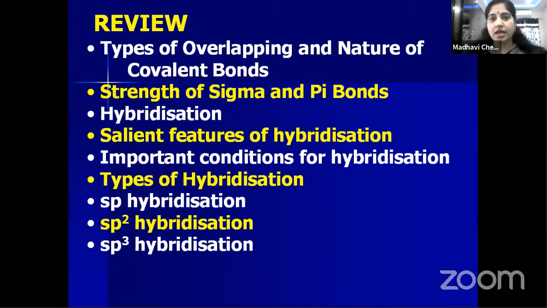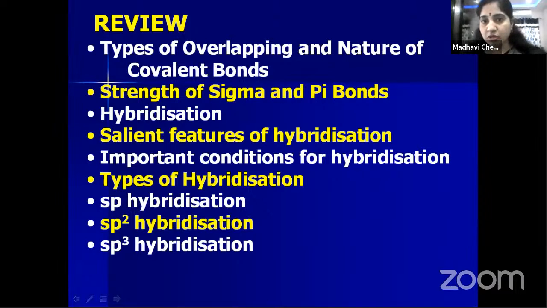So, children, we know that atomic orbitals like s orbital, p orbital, d orbital, they overlap and form different types of covalent bonds. Here in types of overlapping and nature of covalent bonds, we have discussed sigma bond and pi bond. So what is a sigma bond?